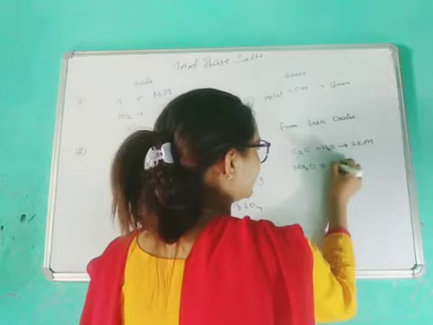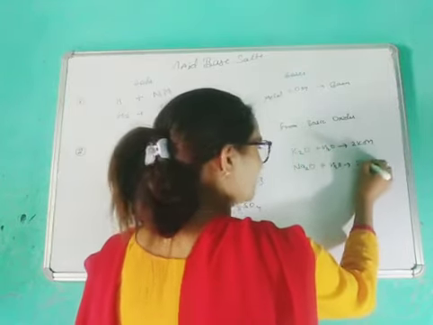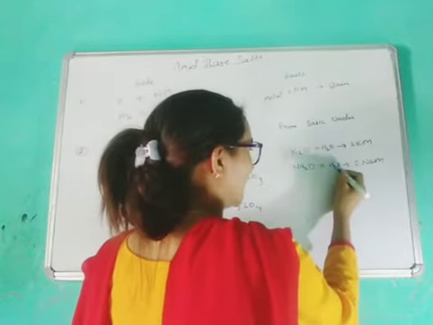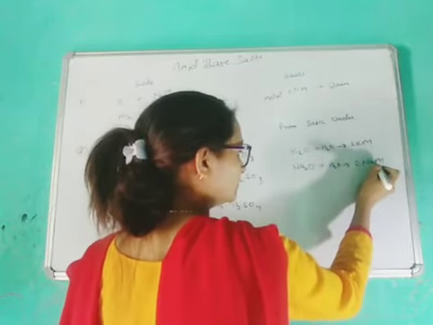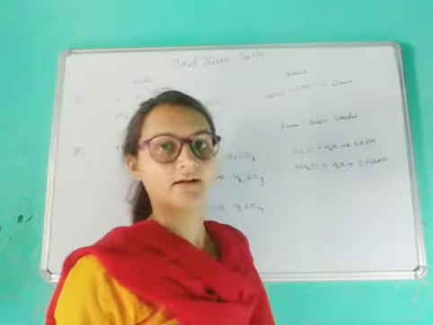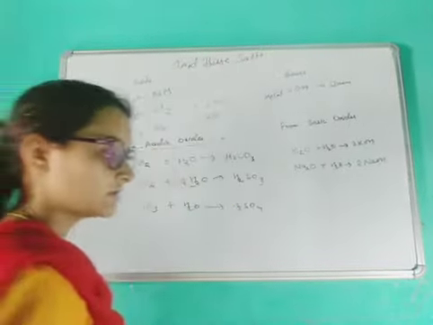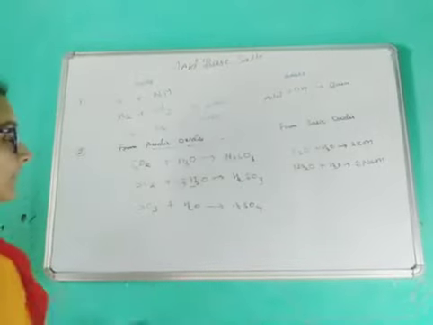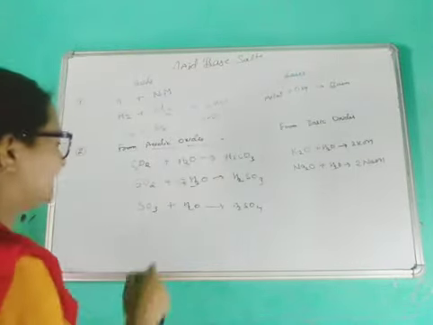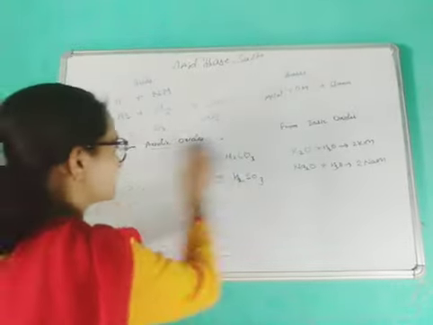Na2O reacts with water and forms 2NaOH. There are 2Na, 2O and 2H, so the reaction is balanced as well. So this is how you can form the base from basic oxides and acid from acidic oxides.